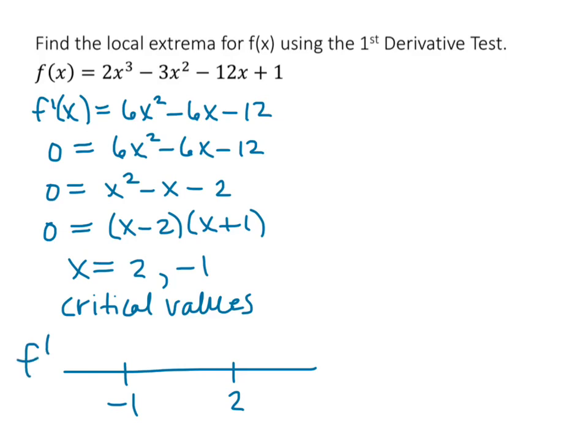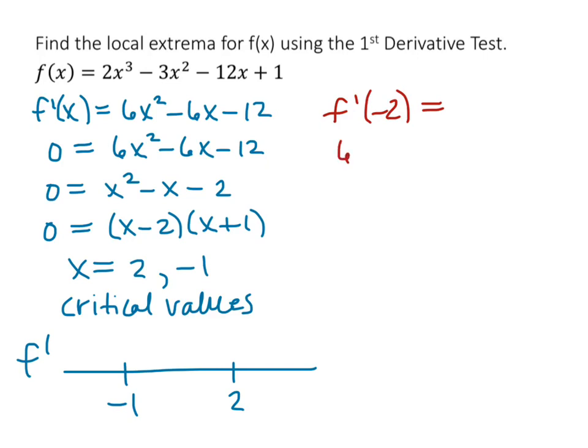And here comes the first derivative test. You're going to test in the first derivative numbers around those critical values to get an idea of what's going on with the first derivative. We can begin with numbers to the left of negative 1, let's say negative 2, and plug that number into the first derivative. We will find f prime of negative 2.